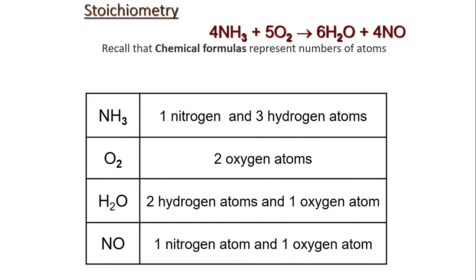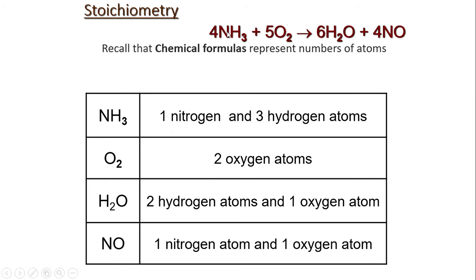So you need to master balancing chemical equations to understand the topic of stoichiometry. So we have here a chemical equation for a given chemical reaction. You can observe that there are numbers and there are also formulas in each compound. These are the observable things that you can see in a chemical equation.